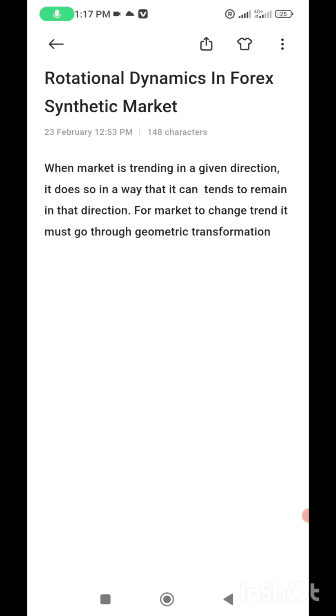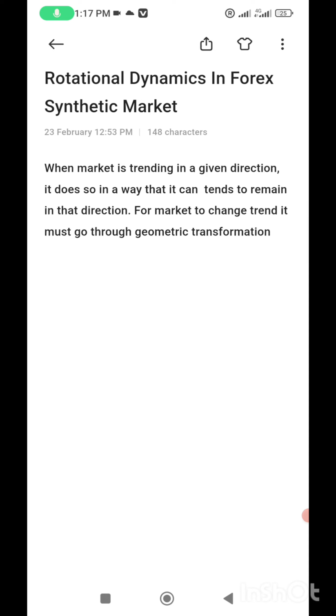When the market is trending in a given direction, it does so in a way that it can tend to remain in that direction. So even if it creates some pullback or retracement, they are just traps. The market keeps going.